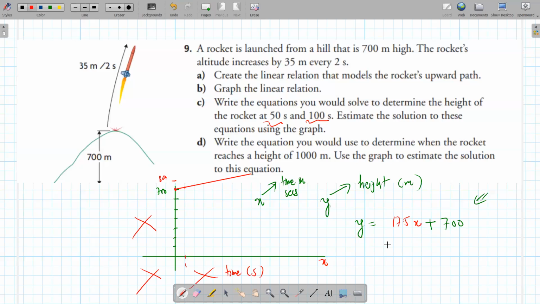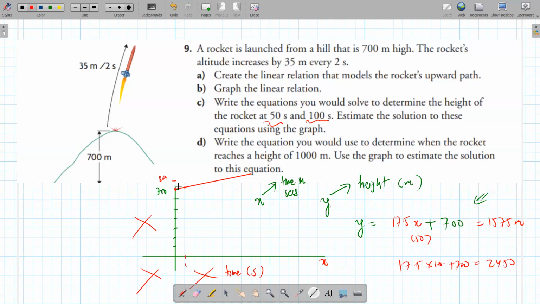So 17.5 times 50 plus 700. This is a plug and chug, right? This is simple. The answer for 50 is 1575. And when it's 100, 17.5 times 100 plus 700 gives us 2450.